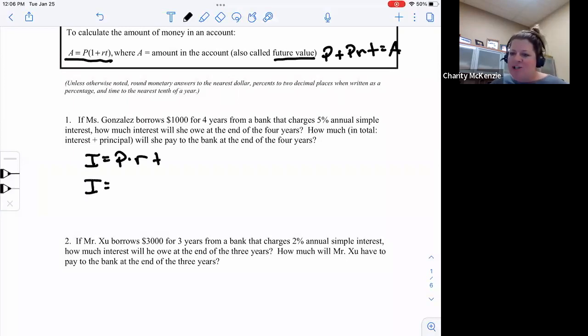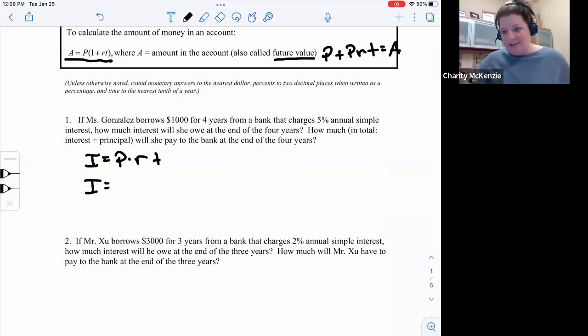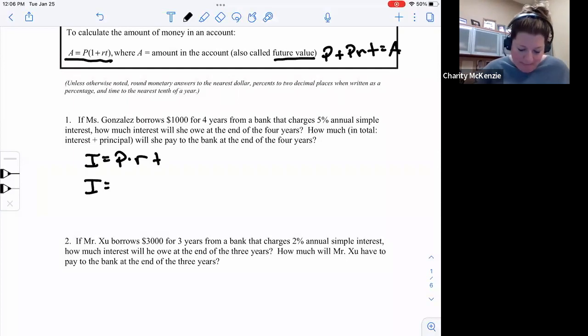So principal, how much money did she start with? She started with $1,000. And then what is her rate? 5%. How do I write that rate as a decimal? Move the decimal 2 places to the left. So it's 0.05. And then we times that by our years, which was 4 years.